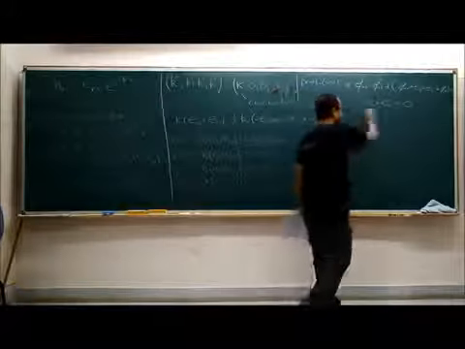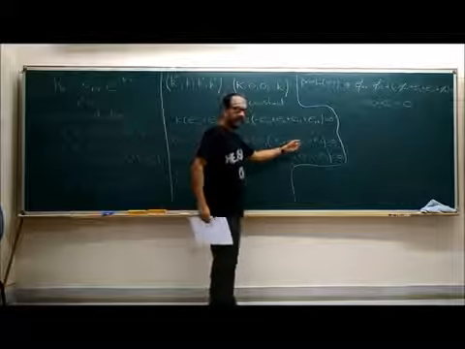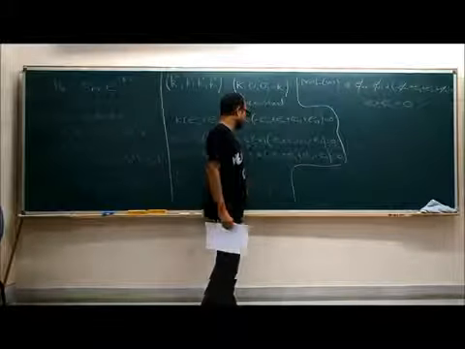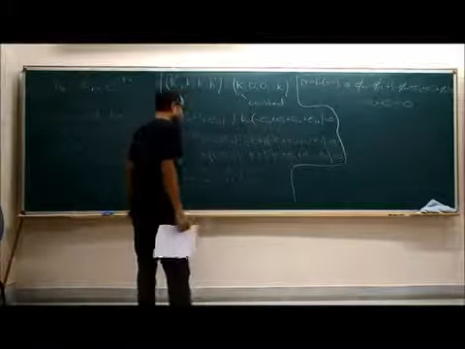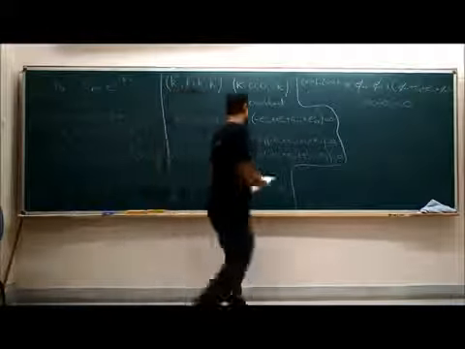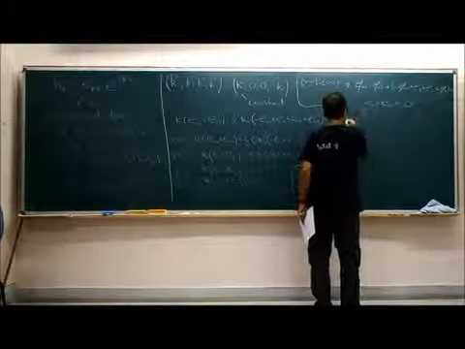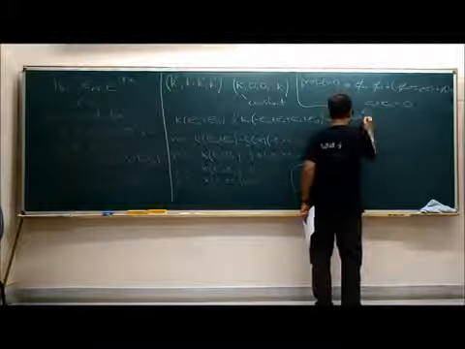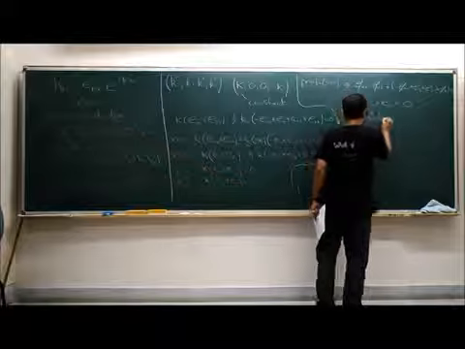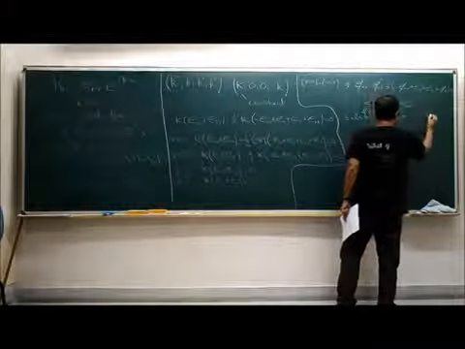Once you have gotten e_11 plus e_22 equal to 0, we can substitute it into the ν equal to 0 equation.